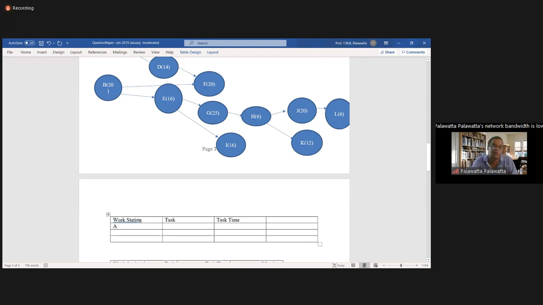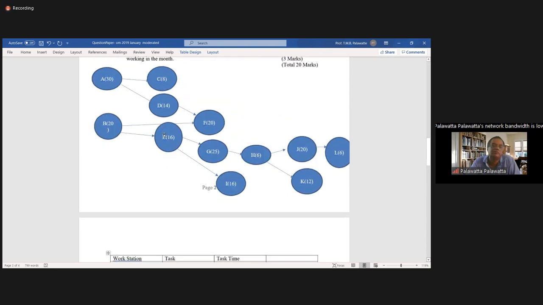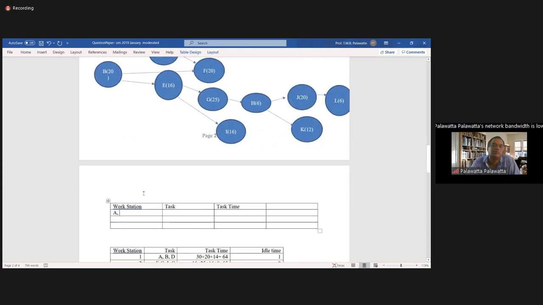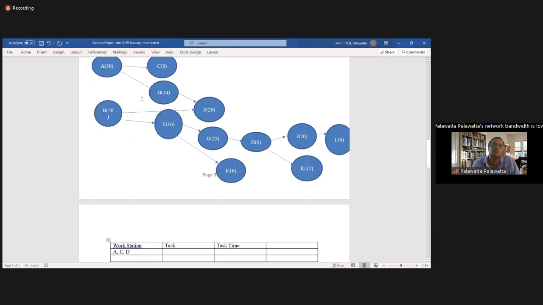And then after A, let's say we could allocate C and D. So you have 30 plus C, say 38 plus 14, 52.